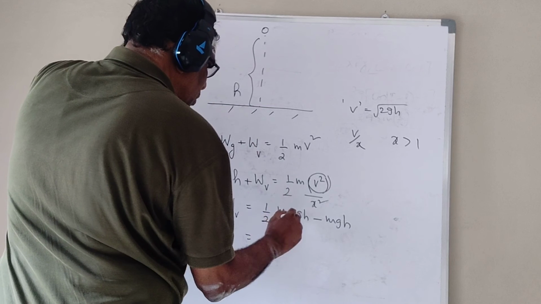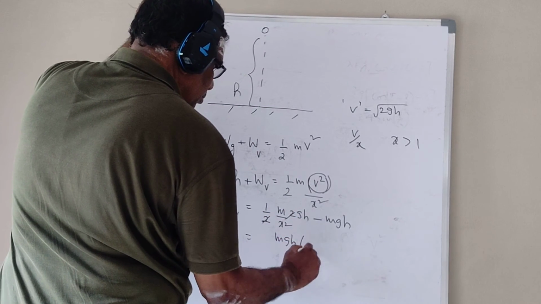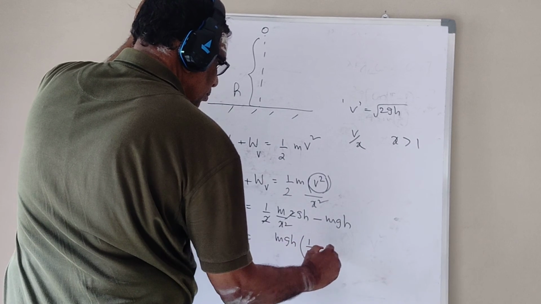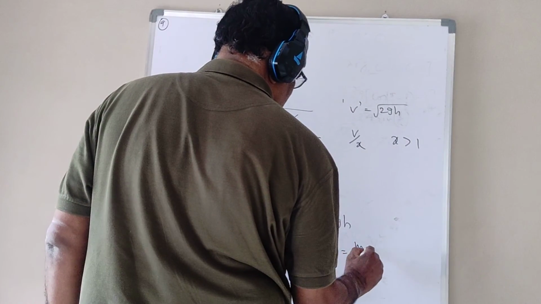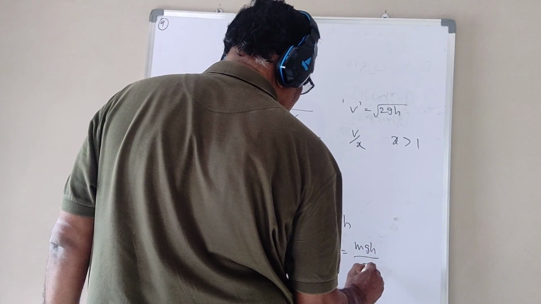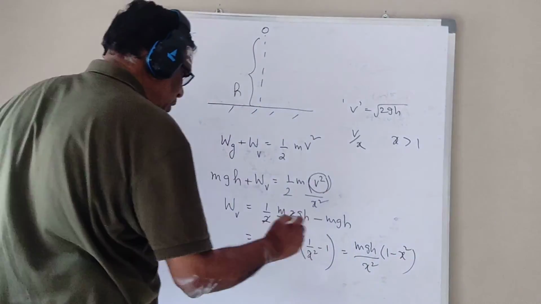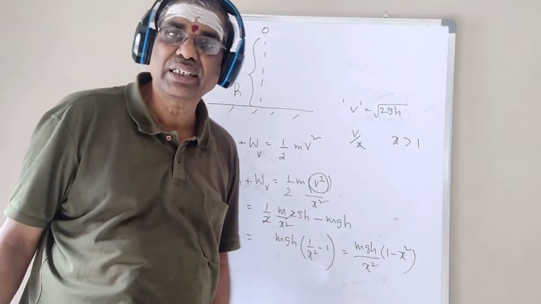So what do you get? 2 gets cancelled. Or mgh by x square minus mgh. It is bound to be negative because this is a force of resistance.